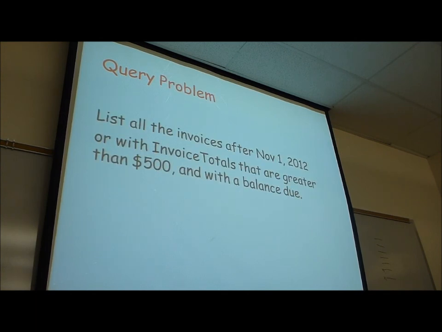Okay, now I've got yet another one. This is even more compound. List all the invoices after November 1, 2012, or, okay, got an OR condition here, invoice totals that are greater than 500 and with a balance due.